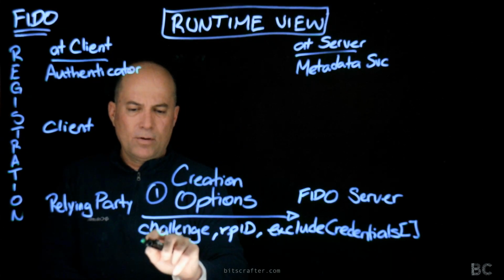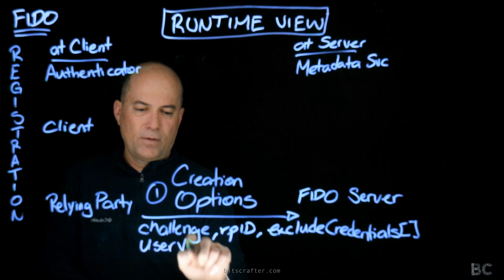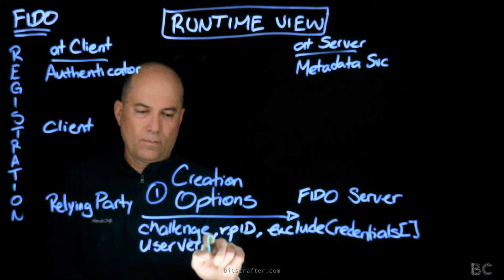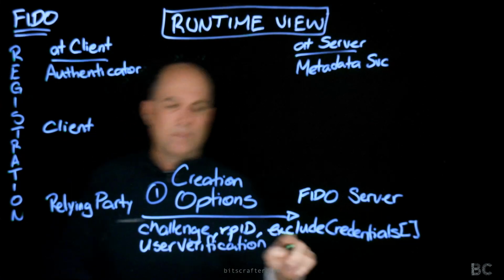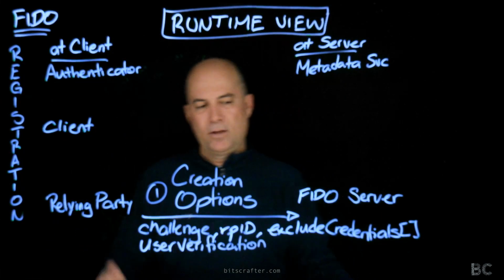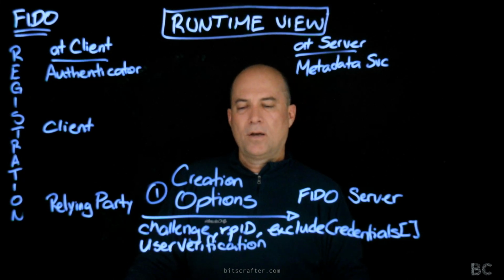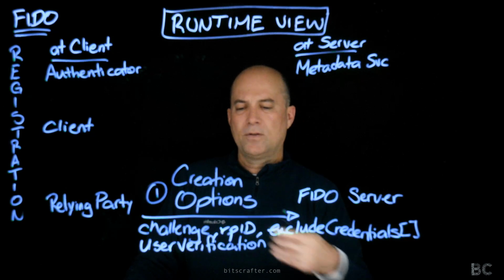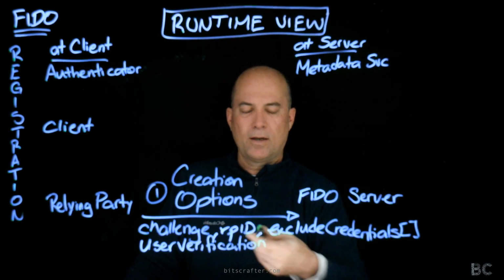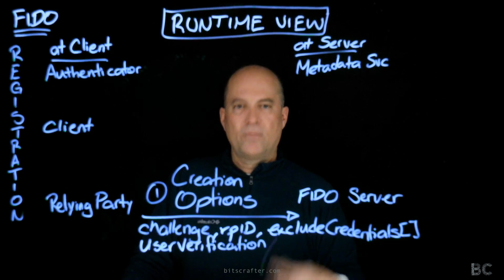Another parameter is user verification. This is to decide by the RP whether the FIDO credential requires verification before it is used. This is an enum, so you can specify discouraged, preferred, or required.